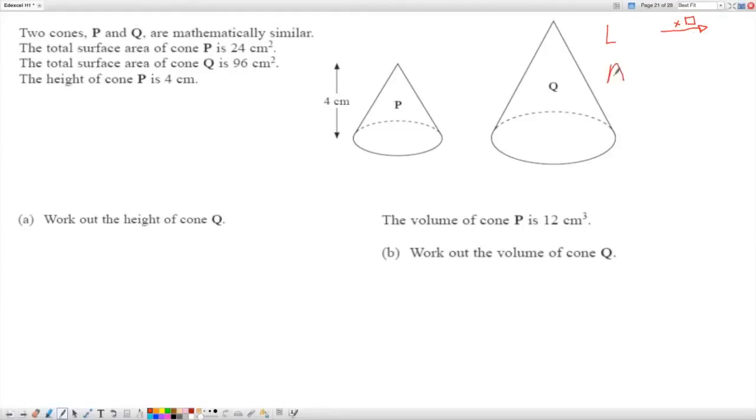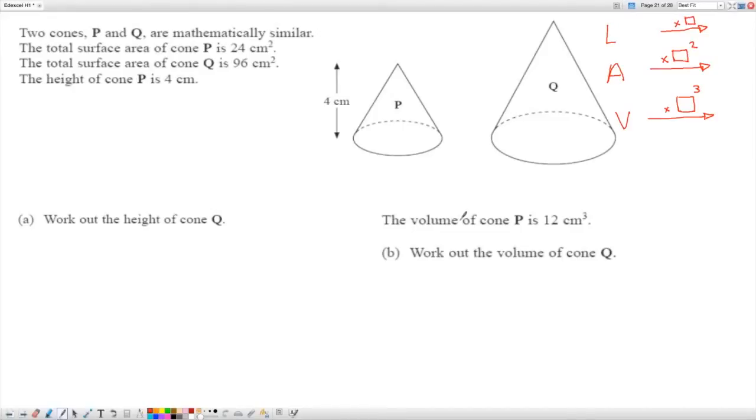But when we're looking at areas, going from the smaller to the larger, we multiply by the scale factor squared. When we're looking at volumes in 3 dimensions, we're timesing by the scale factor cubed, to the power 3. So this is going to be helpful when we look here at surface area and volume.